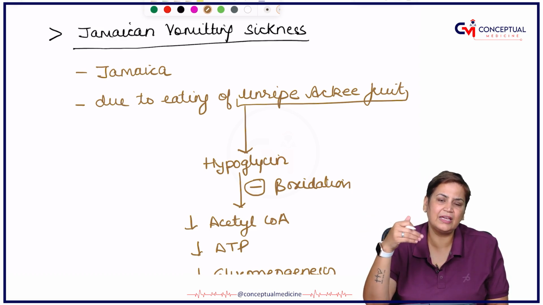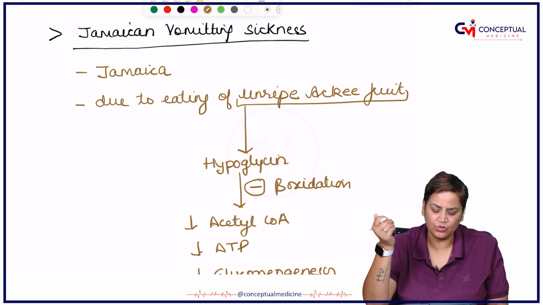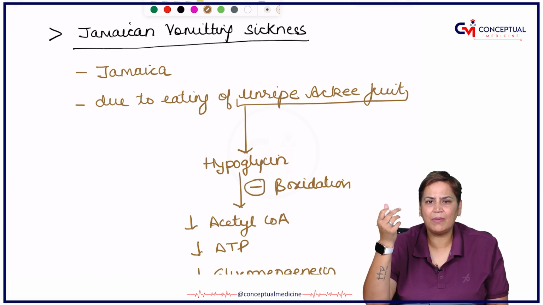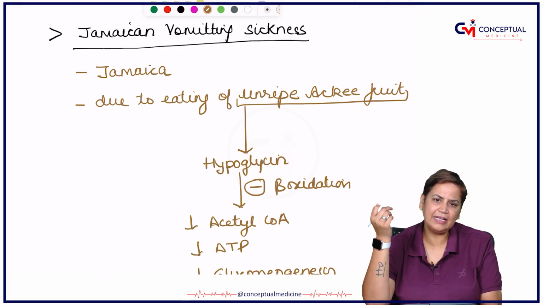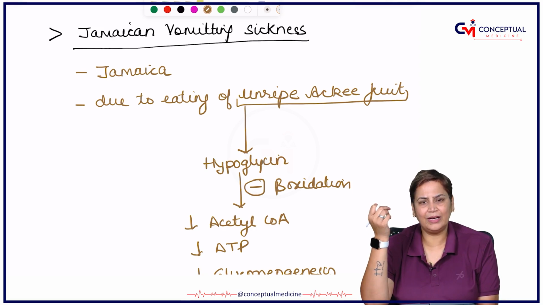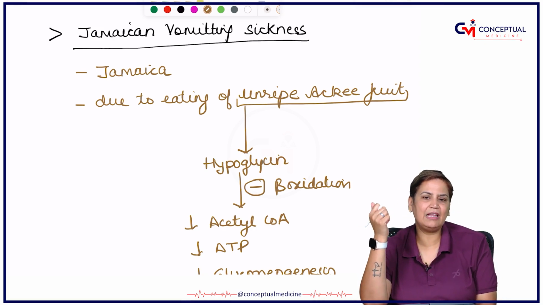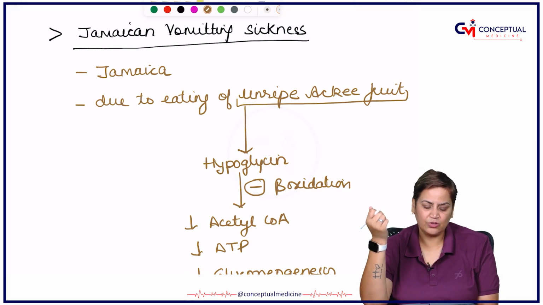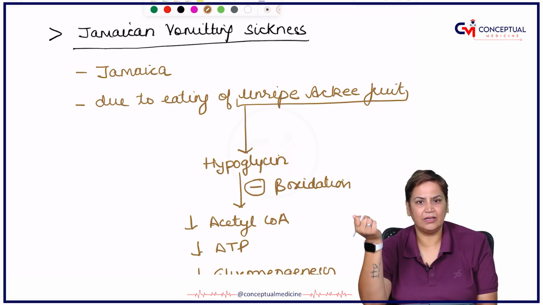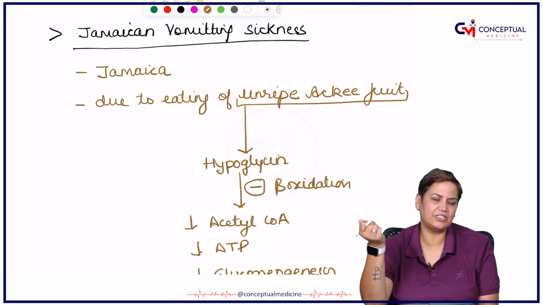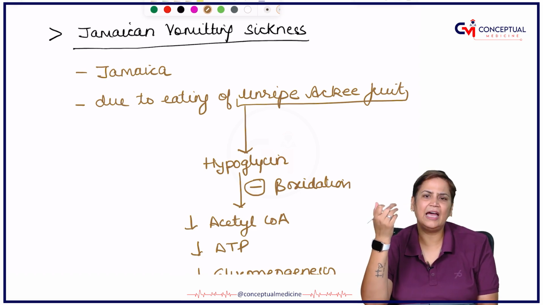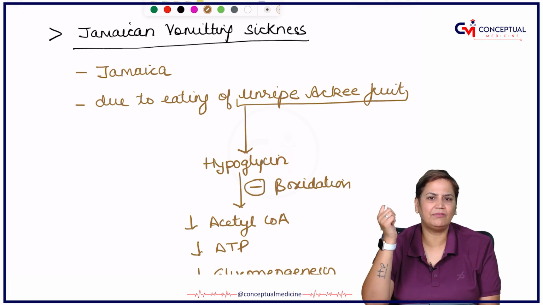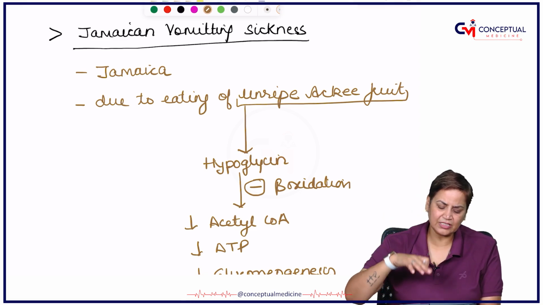Third one is Jamaican vomiting sickness, which is due to the eating of that unripe ackee fruit, and mainly it is prevalent in Jamaica. And the fourth one is Refsum's disease, where the deficient enzyme is alpha phytate oxidase, which is required to degrade phytanic acid. So that person should avoid the green leafy vegetables which are having phytanic acid and milk, which is again rich in phytanic acid.